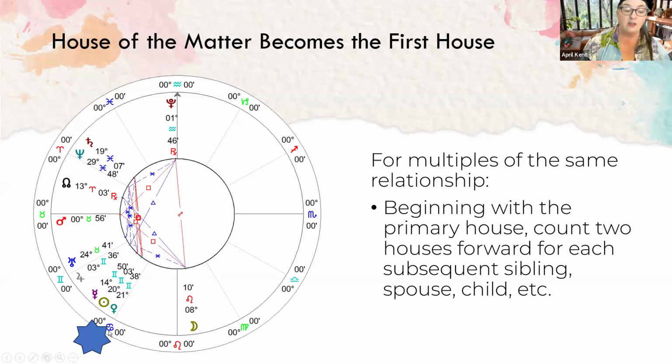The 2nd sibling, unless it's yourself, you begin with that house, 3, and you count 1, 2, 3. And that's the 2nd sibling. To get the 3rd sibling, you start with that house, on that cusp, 1, 2, 3, and you have the 3rd sibling, and so on.